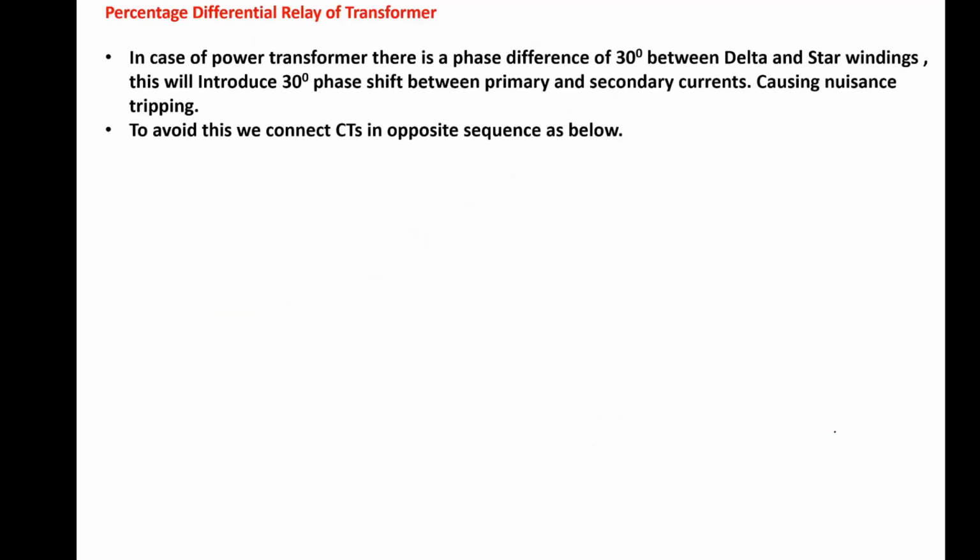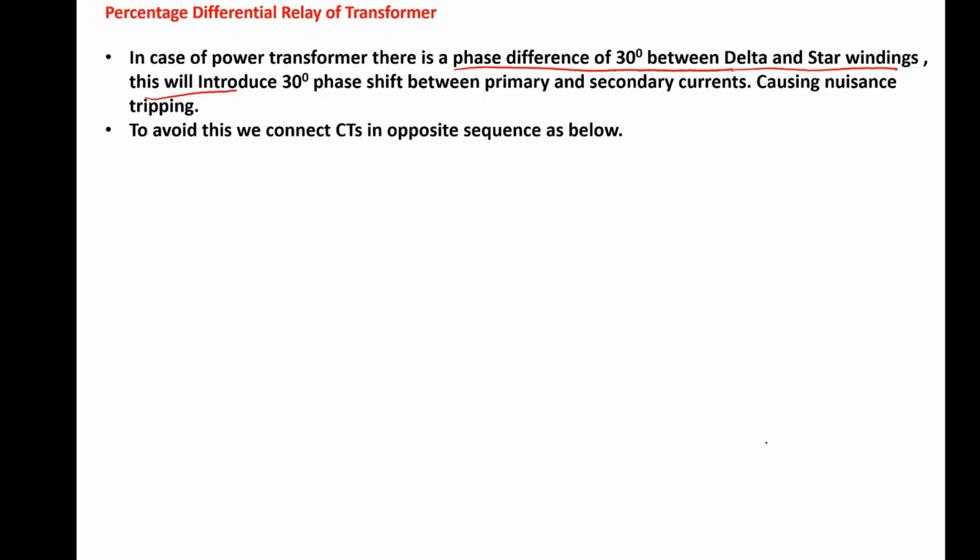So the last point for today's class: when you use the percentage differential relay scheme for transformers, when you apply the current differential scheme, what you can observe from primary to secondary, if the connection is star to delta or delta to star, is a 30 degrees phase shift in the voltages and currents on the primary and the secondary side.